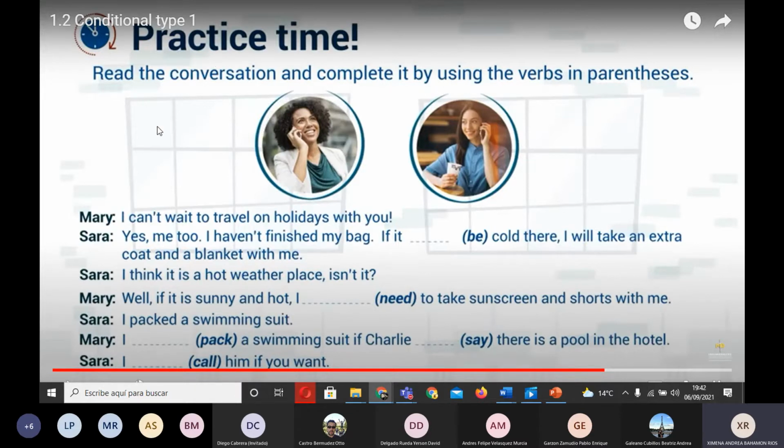And the idea is to act the dialogue out. Vamos a tratar como de hacerlo con la entonación, de actuar esas situaciones de diálogo. And we have to complete with the proper conjugation, okay? So don't worry if the answers are not correct, because that's why we are here, simply to revise and to learn and to have some practice on that, okay?